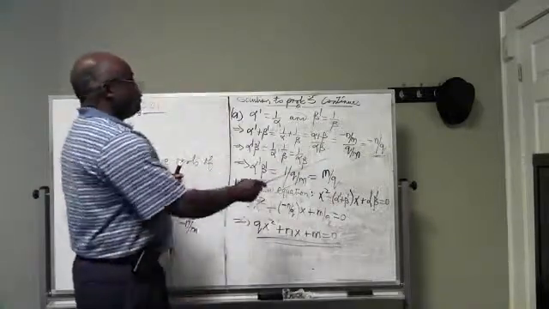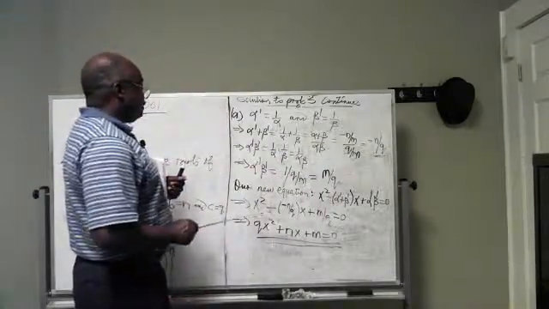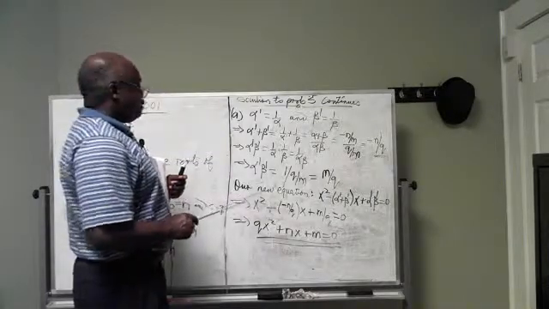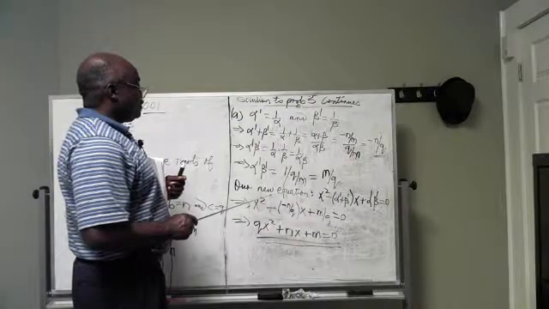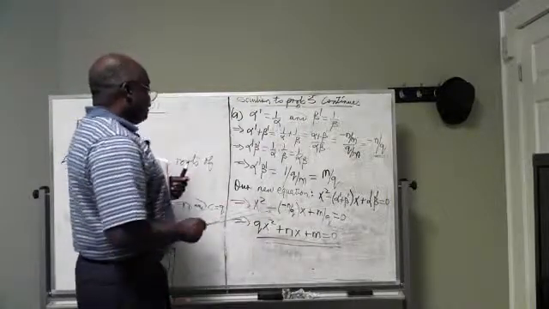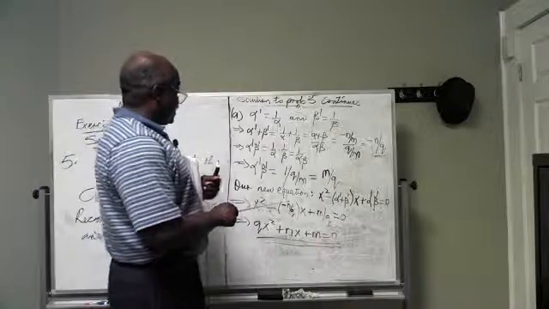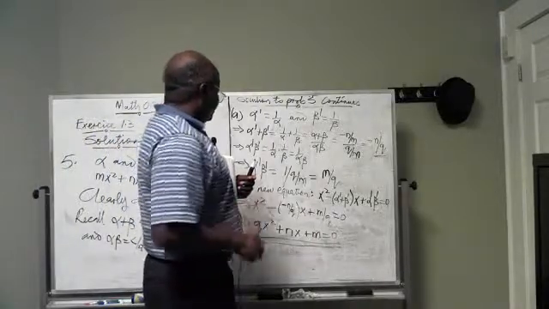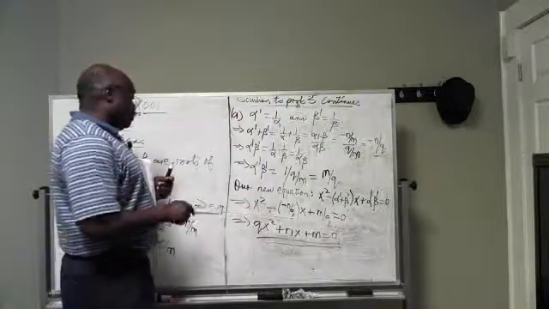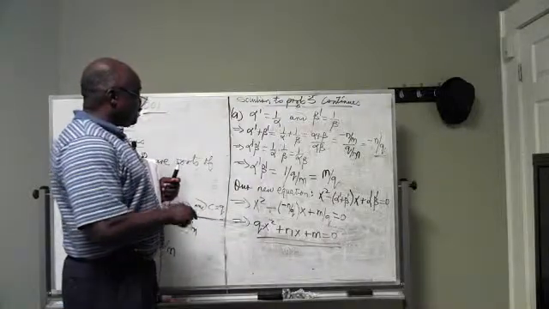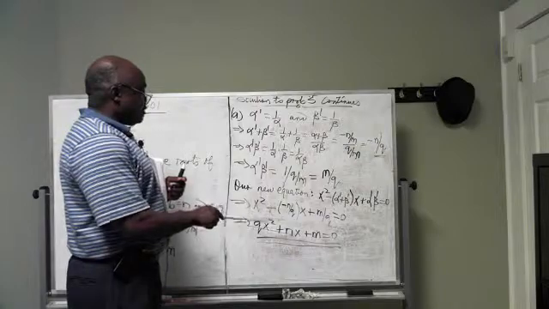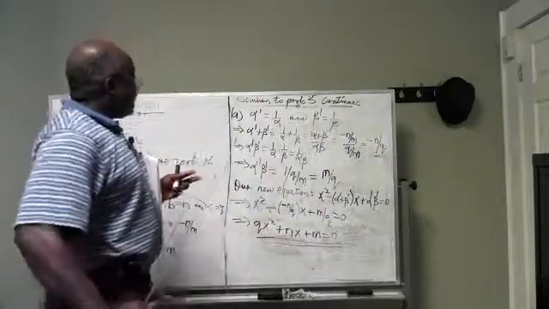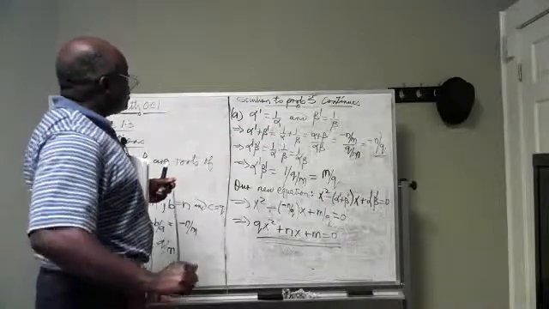So if we substitute respective values for alpha prime plus beta prime and alpha prime beta prime into this relation, we have x squared minus minus n over q x plus m over q equals 0, which on simplifying gives us qx squared plus nx plus m equals 0. And the solution is complete.